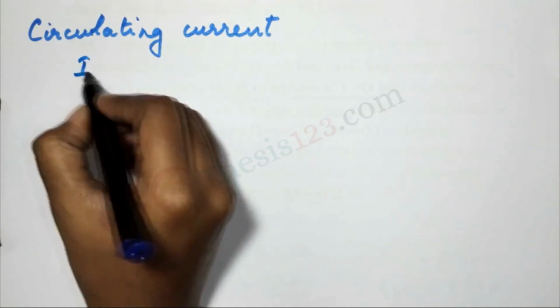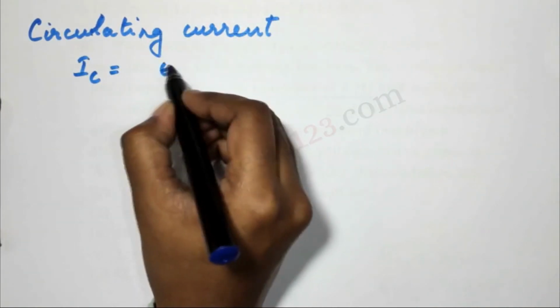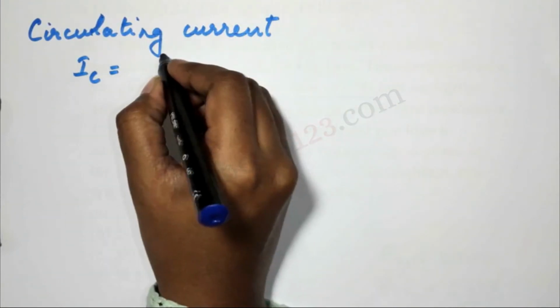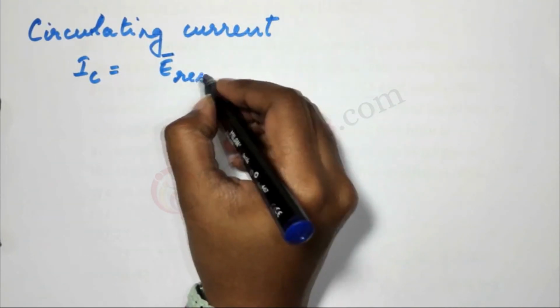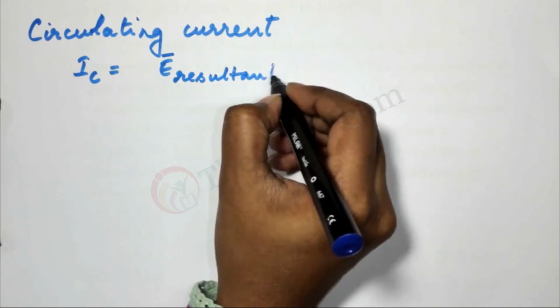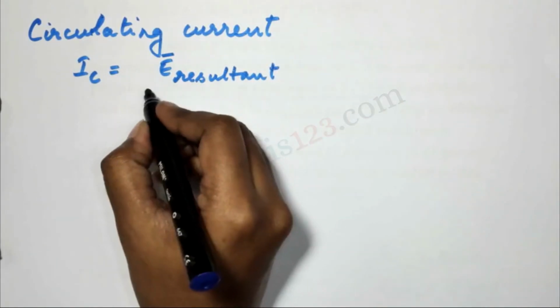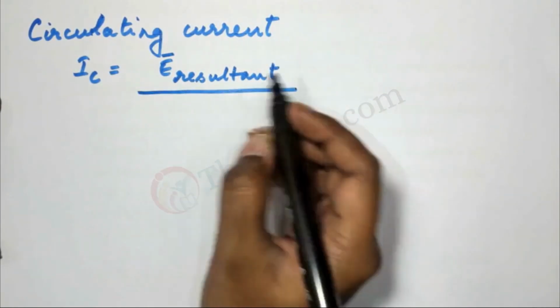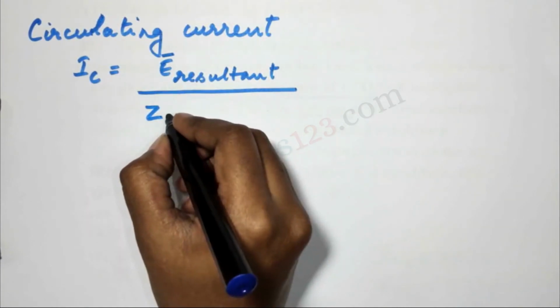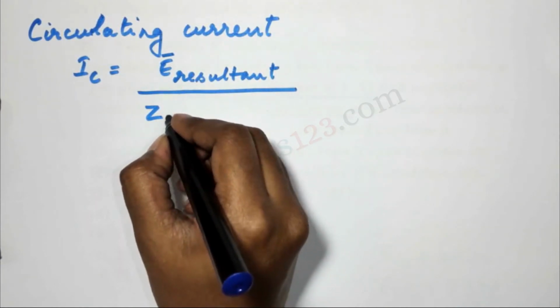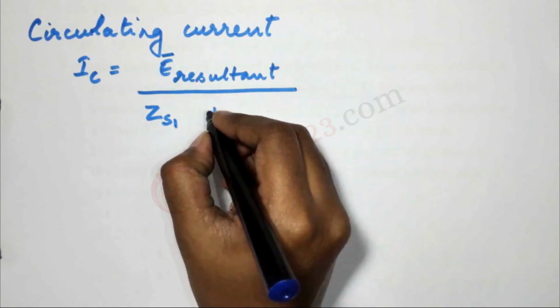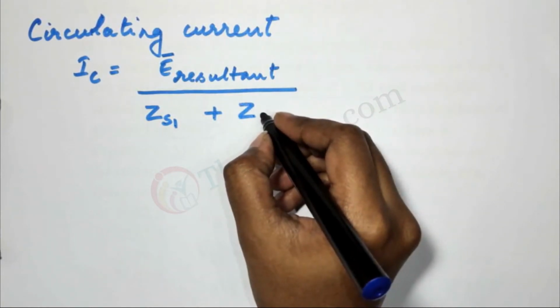Now IC is equal to the resultant voltage divided by the synchronizing impedance of machine 1 plus the synchronizing impedance of machine 2.